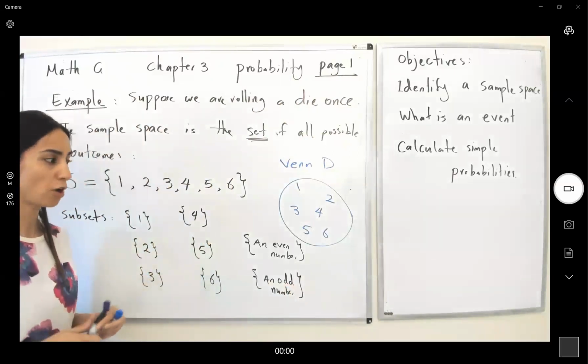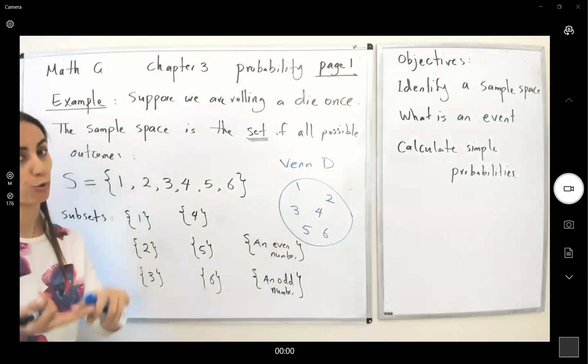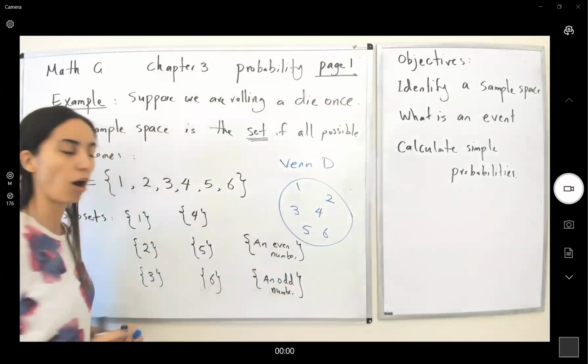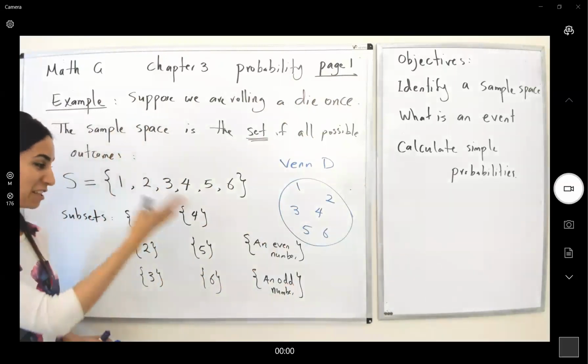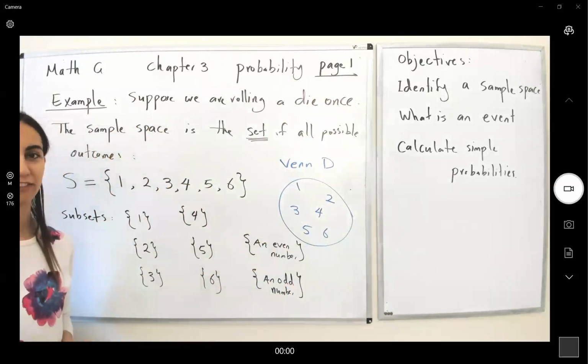There you go. When you're talking about even numbers, it might be 2, it might be 4 or 6. When you're talking about an odd number, it might be 1 in this collection, or 3, or actually 5.